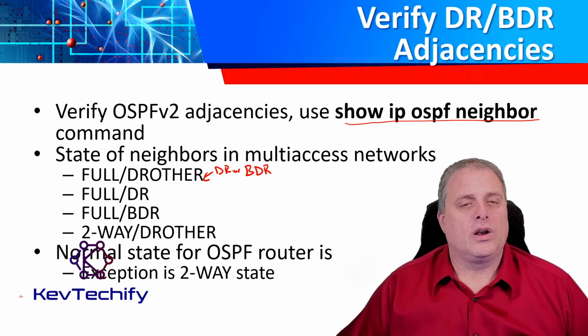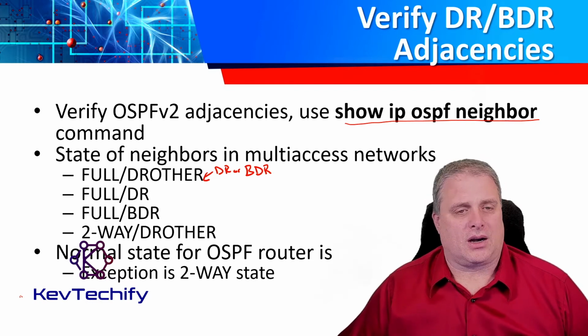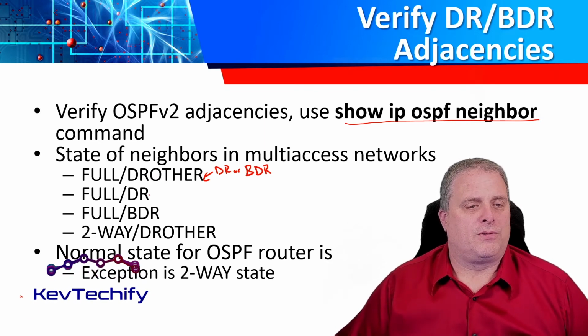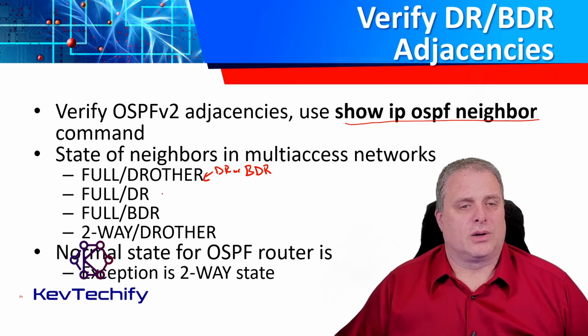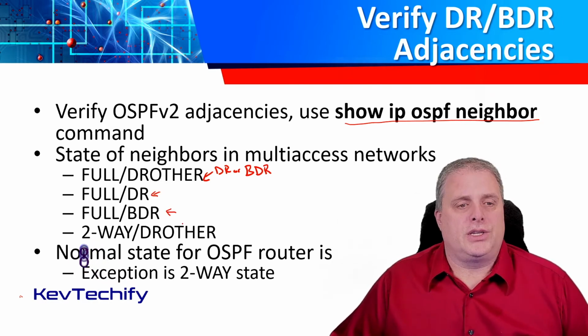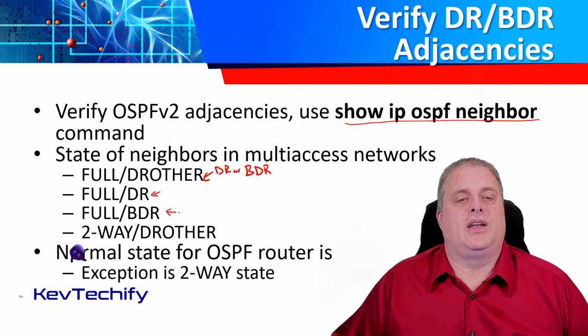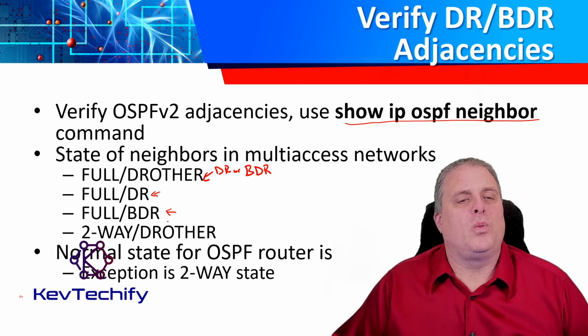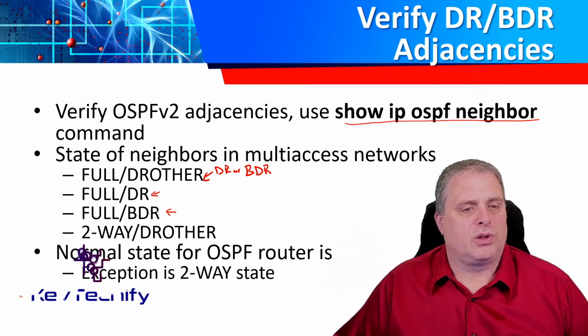A full DR is a router that's fully adjacent with a designated router, or fully adjacent to a backup designated router. You're communicating with a designated router, or you're communicating with a backup designated router. That signifies your adjacency.